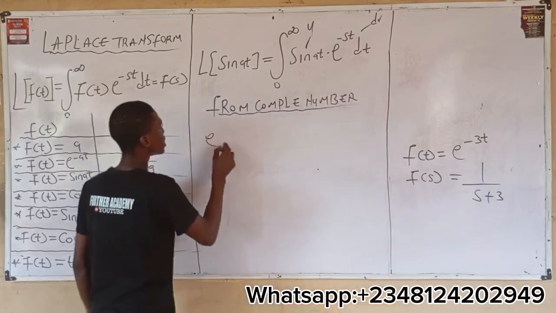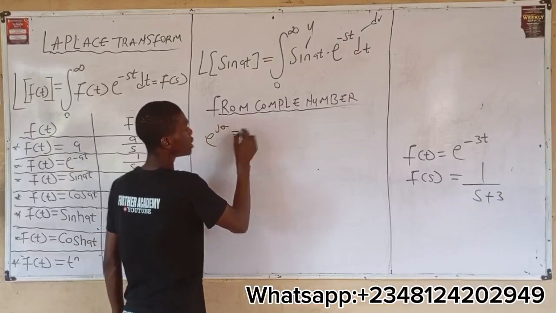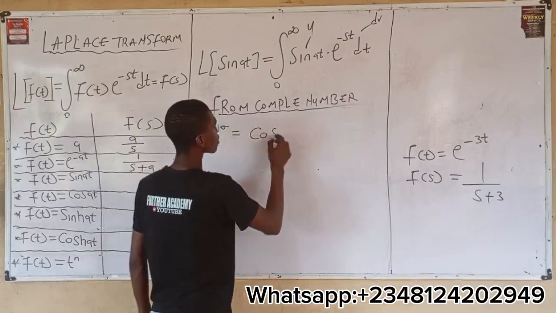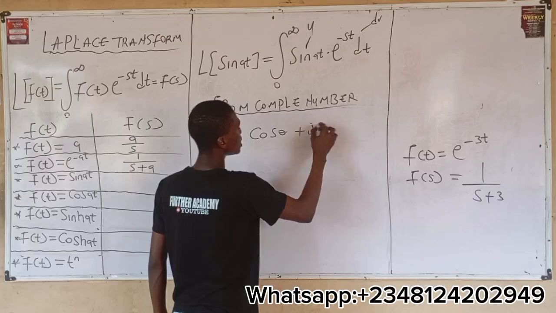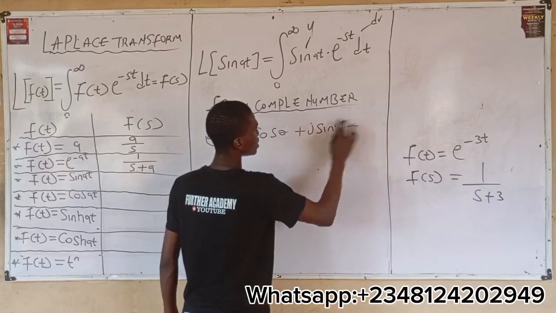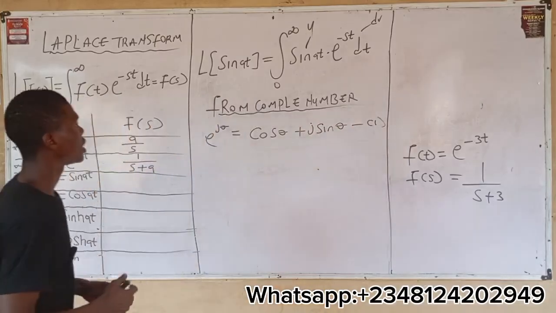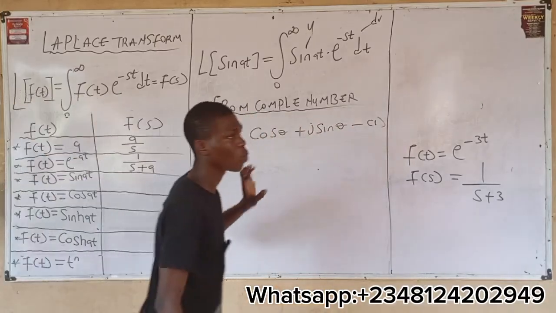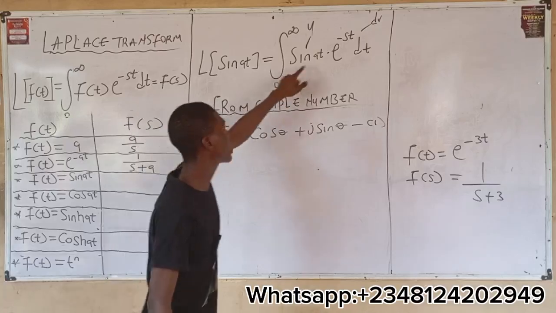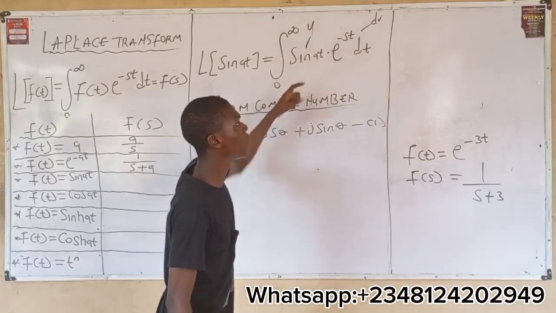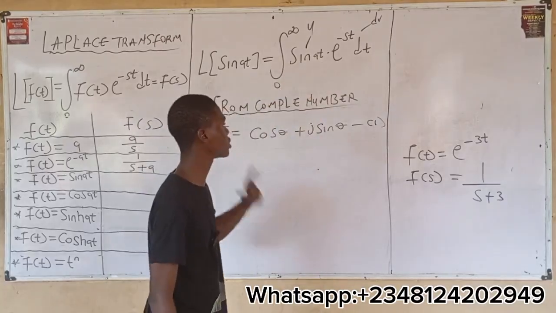I know that exponential j theta is equal to cos theta plus j sin theta. Call this equation 1. If this is your equation 1, what you are interested in is sin at. You want to express sin at in terms of what?